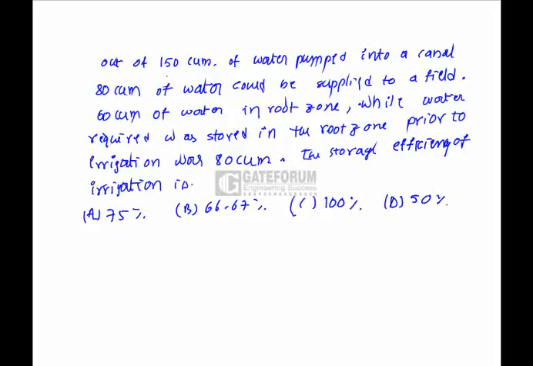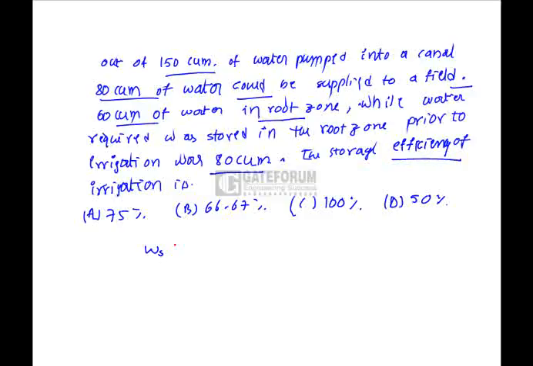Question: out of 150 cubic meters of water supplied into a canal, 80 cubic meters of water could be supplied to the field. 60 cubic meters of water was stored in the root zone, while the water required to be stored in the root zone prior to irrigation was 80 cubic meters. So we have to find out the storage efficiency of that particular irrigation.